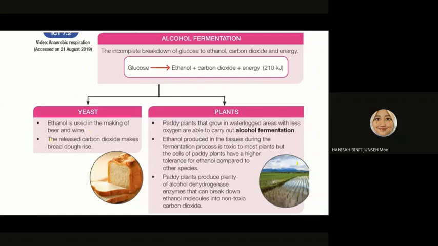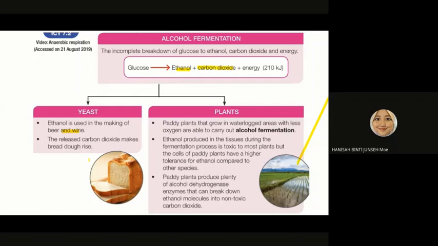And then the second one, the released carbon dioxide in yeast. Yeast undergoes alcohol fermentation, and during it, it produces ethanol for making beer and wine, and for making dough, for making bread, the carbon dioxide from the alcohol fermentation makes the dough rise.